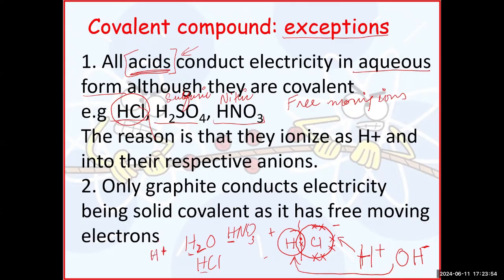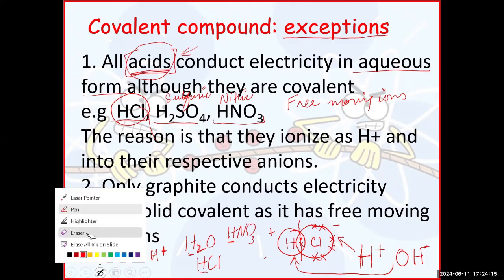So in the chapter of acids, we will learn what the acids are. For now, you should focus on this statement that if it is an acid, it belongs to the acidic category. And if you dissolve it in water, it will start conducting electricity.